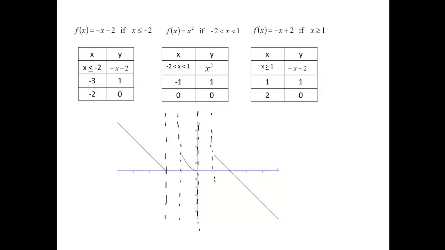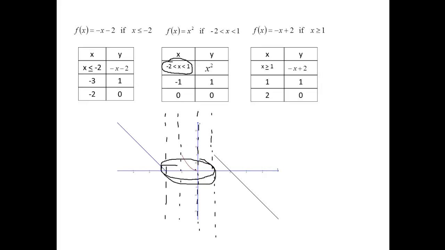So we've got to do something about that gap. Well, we realize that all of that between -2 and 1, all in through here, our actual y values are calculated by squaring the x values, because between -2 and 1, we're on this parabola part.